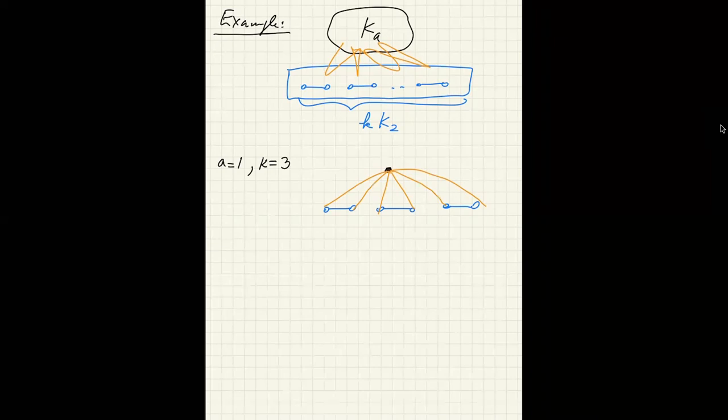In general, when A equals 1, this graph is called the friendship graph. Let's just call it FK, and it's basically K triangles sharing a vertex.